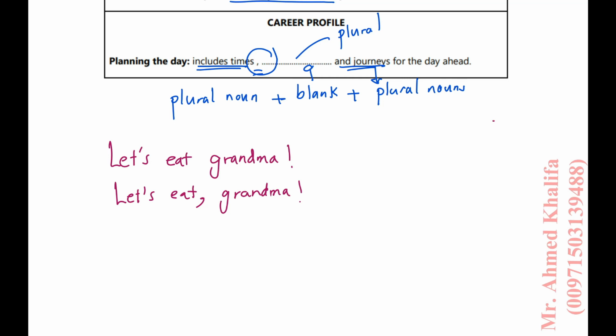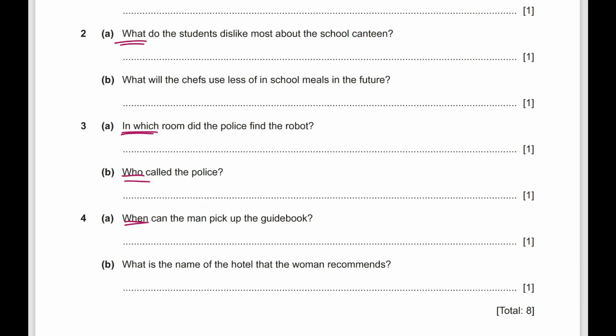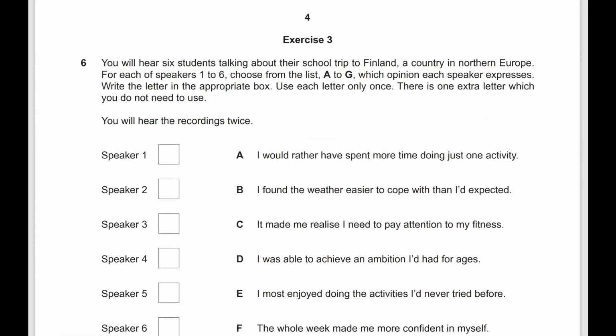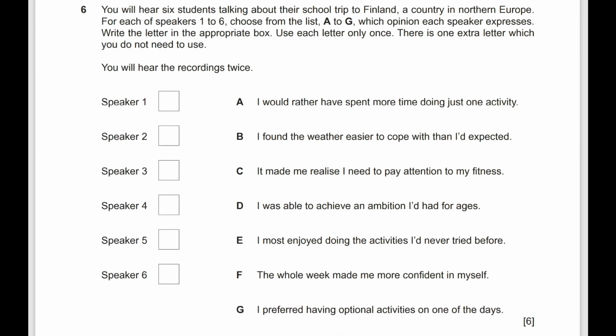Now let's go to another type of question, the matching questions, which is this one, exercise 3, question number 6. And I'm going to tell you something really good about it. If you feel you could do it, that would be great. In this question, candidates listen to 6 short informal monologues based on the same topic and match each speaker to the appropriate content.